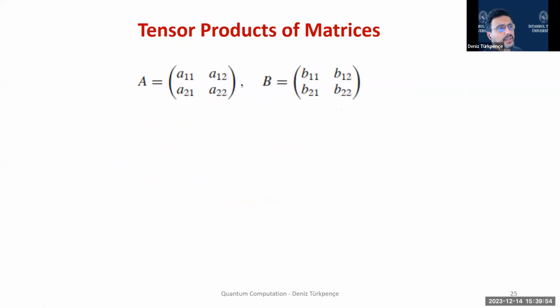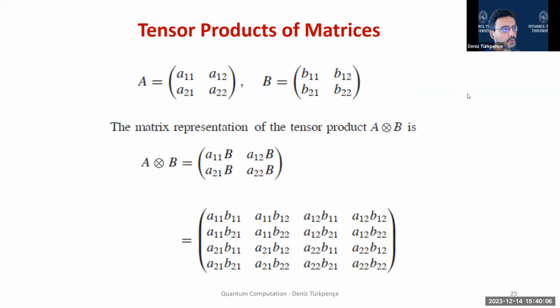Now let's try to understand how I can tensor product two matrices, or what the mathematical equivalent of the tensor product is. Tensor product means here, if you want to tensor product A with B, and say A and B are both 2 by 2 matrices, this means that you are multiplying the first element of the first matrix by all elements of the second matrix.